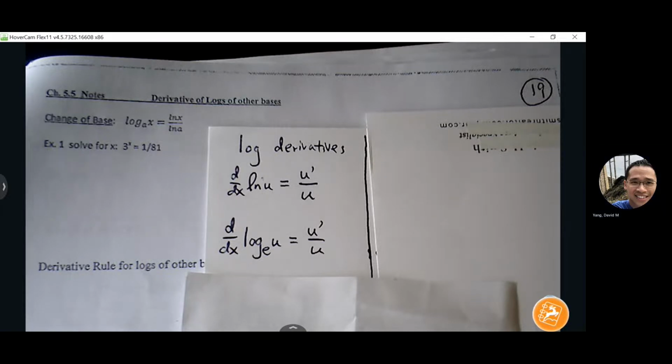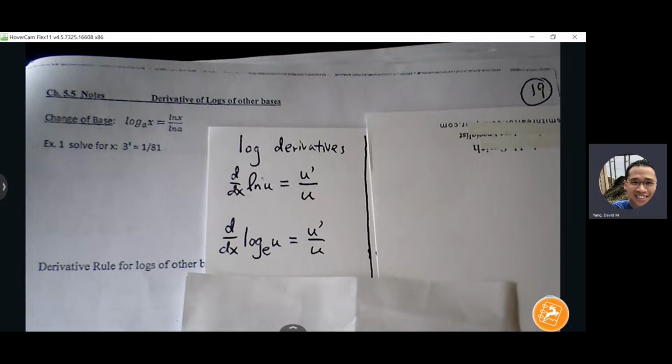Now, what if we wanted to find the derivative of logs of other bases, right? What if it wasn't base e? What if it was base 2 or base 3 or base 5 or base 10? They all kind of follow a different set of rules, but very similar to this. We can think of this as the parent function, and then all the other bases are just going to be adapted from this simpler expression.